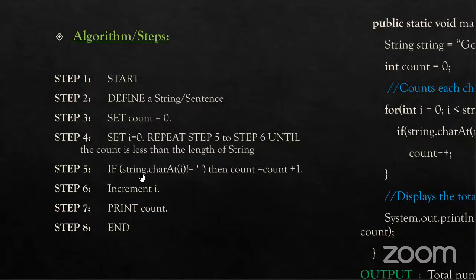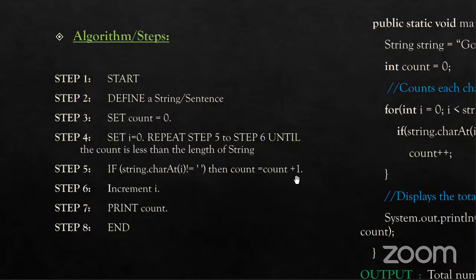In the fifth step, we check string.charAt(i), where i is assigned each character in turn. If it is a white space, we don't count it.